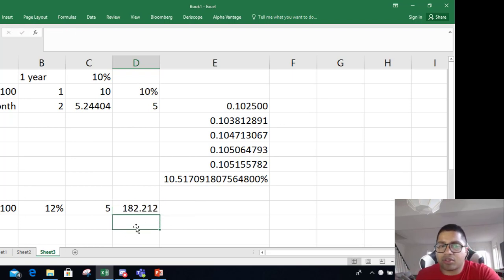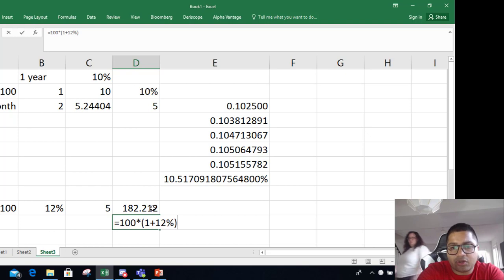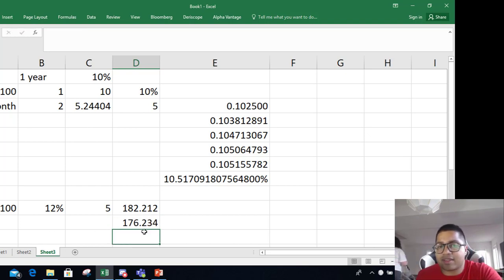So your $100 will become 182. If it was annual, it will be 100 multiplied by 1 plus 12% to the power 5. So it is 176. So can you see, continuous compounding will result in more money.